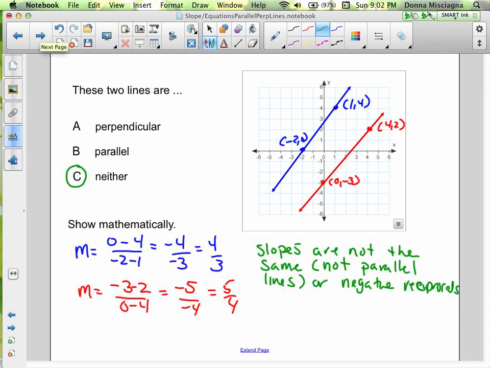Handwriting tends to get worse at the edge of the board because I'm having to reach. There you go. So they're not perpendicular lines.